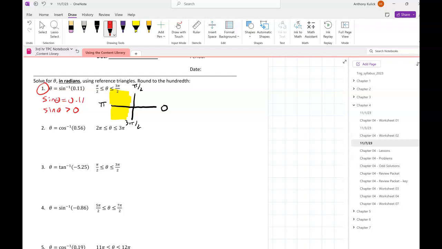Now remember, we made an acronym to help us remember which quadrants the trig functions were positive in, right? Do you remember what the acronym was? 0.11 is positive. It's just whatever the number is. Like if it's a negative number, then sine would be negative, right? That's it. Is that okay? Who remembers the acronym?